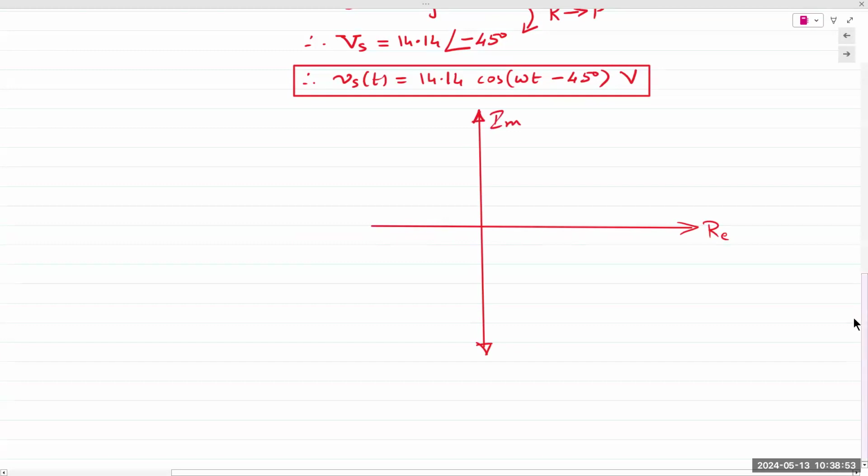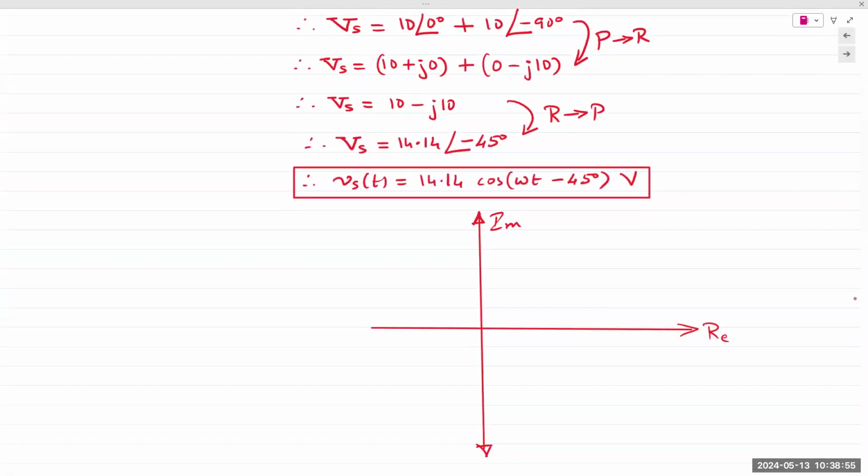Now, I have a vector that has a magnitude of 10 and a phase angle of 0. Remember, this is a vector that rotates counterclockwise, meaning if it goes counterclockwise, it's a positive angle. If it goes clockwise, it's a negative angle.